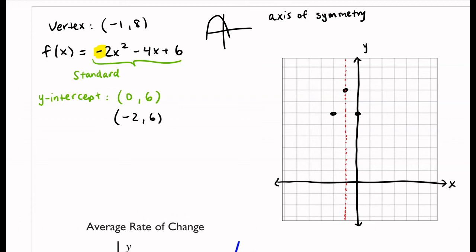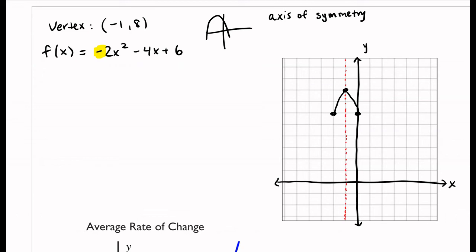So now that we have 3 points, I think it's good to go ahead and start forming our graph. So it's going to look something like that. But why don't we just take it one step further and try to figure out what our x-intercepts are as well. So let me erase this portion so I have some room to figure out what our x-intercepts are.